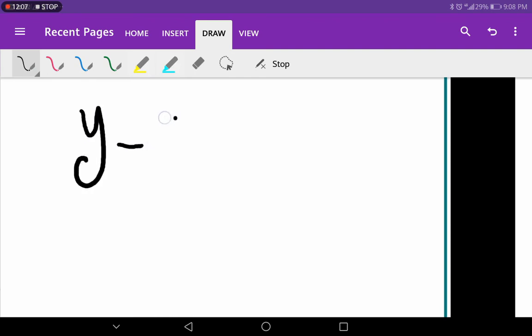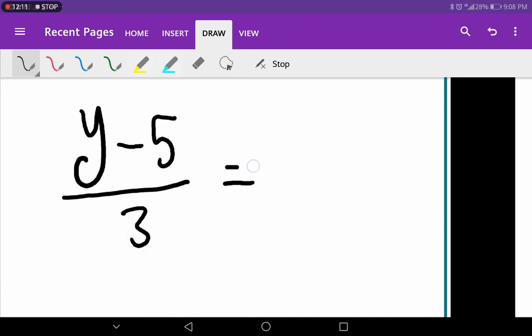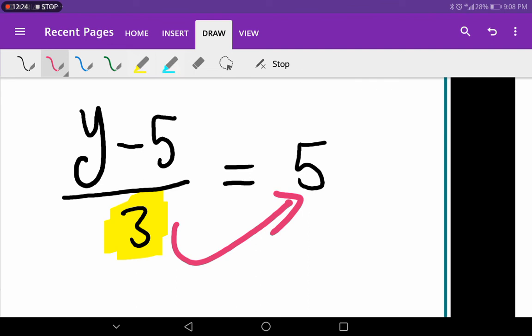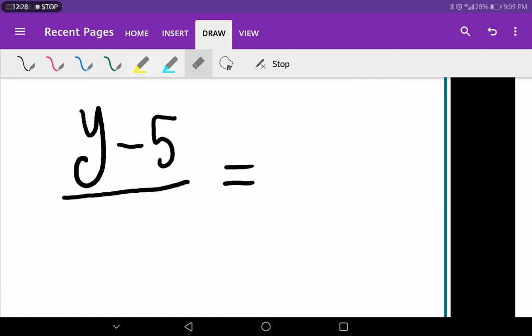Y minus 5 over 3 equals 5. What is the first step? Yes, if I have any number down here, I will multiply it by this one. It gives me 15.